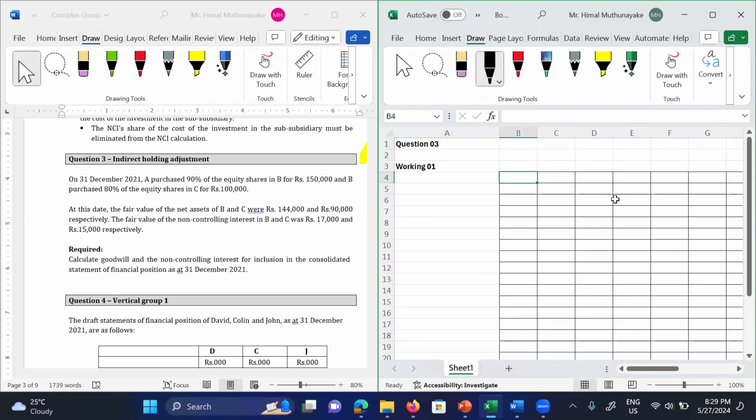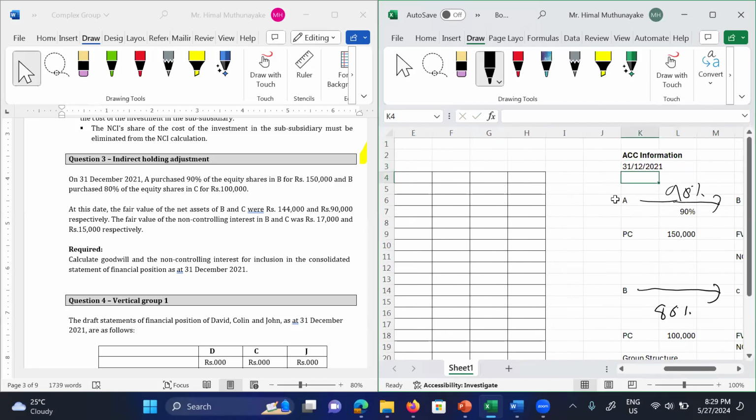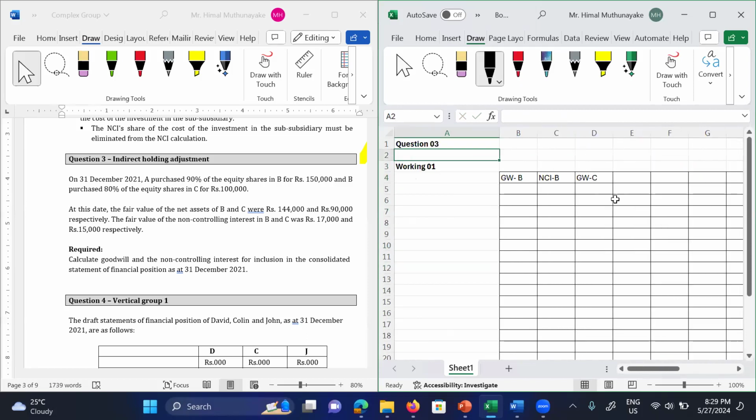I'm using this as the goodwill of company B, and the NCI of company B, and the goodwill of company C. There is no matter of the acquisition date because both the companies are acquired on the same date, so no issue regarding the acquisition date. NCI of company C, and group returns if there are any.